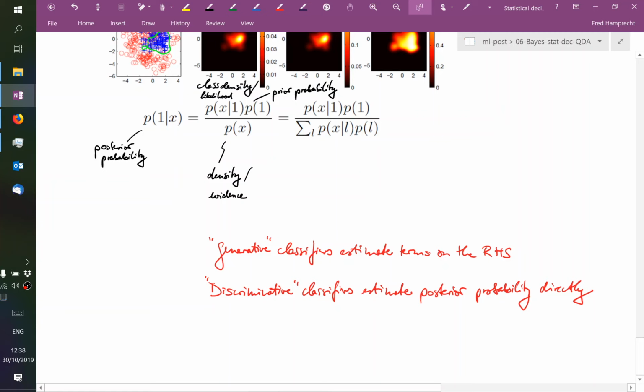Let's try and estimate the class densities directly. One way to do it would be using a kernel density estimate for each class. However, typically in machine learning, I have too few points and too many dimensions, so such a kernel density estimate is not going to be very reliable.